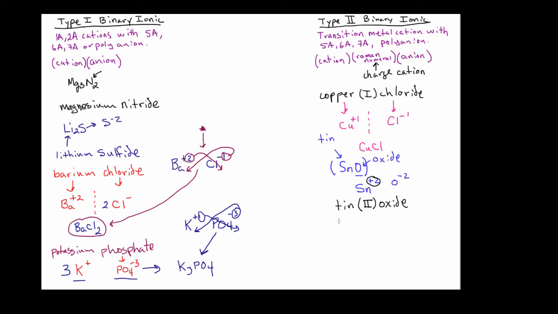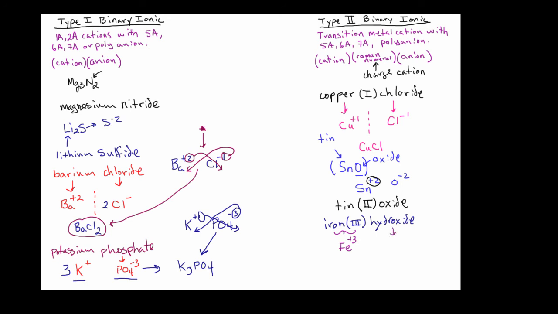All right, now let's try another one, but we'll translate the opposite direction. For this one, we're going to have iron 3 hydroxide. Iron 3 hydroxide. Now, the iron 3, that translates into Fe plus 3.